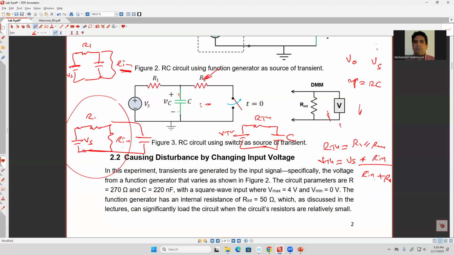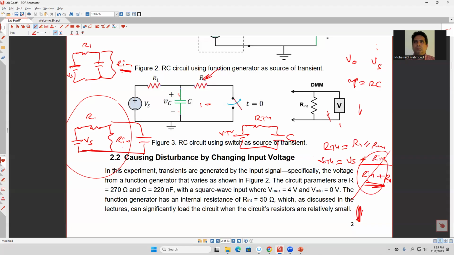By the way, you can see right now, if R internal is much bigger than R1, then this ratio becomes very close to 1. So that's what I told you. If the internal resistance is much bigger than R1 or R2, it's going to be accurate to just ignore this resistance. Same thing here.